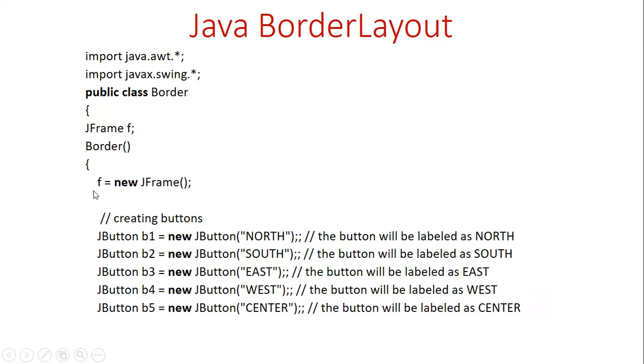The name of the frame object is F. Apart from this, we are creating 5 button components. The first button is B1 and the other buttons are B2, B3, B4 and B5. In this way, 5 button type components are created.